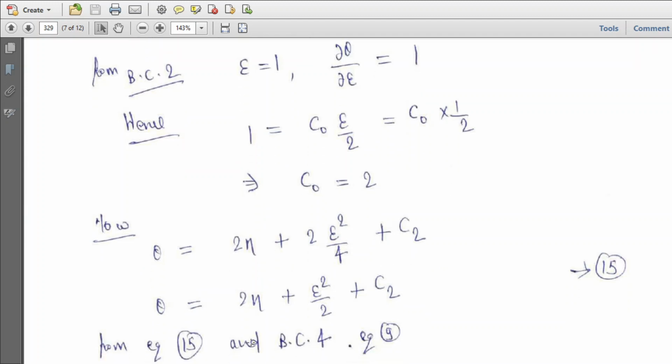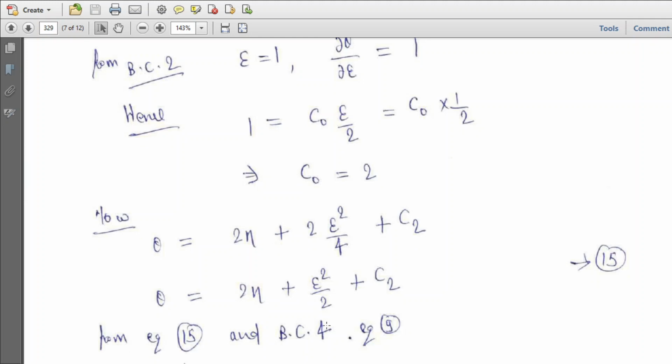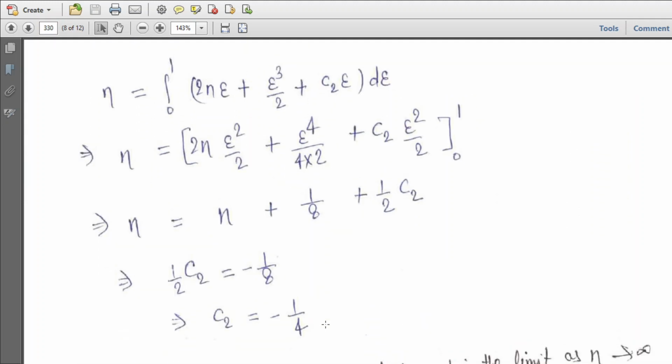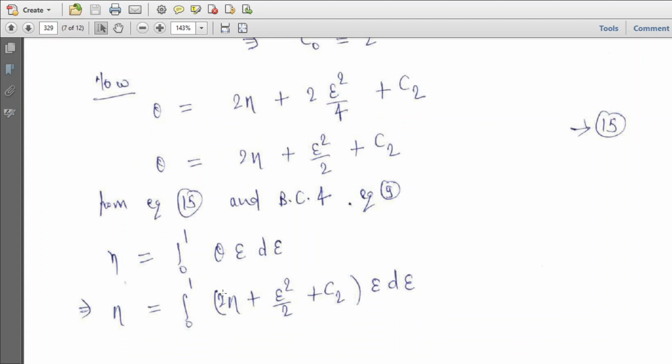Now equation 14, and now we want to have boundary condition 4 from equation number 9. So this is your boundary condition 4, integral from 0 to 1 of theta epsilon d epsilon. Substitute here expression of theta.